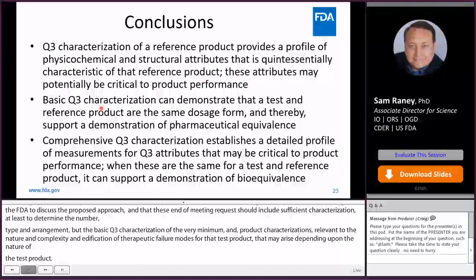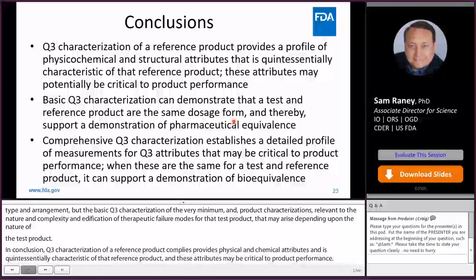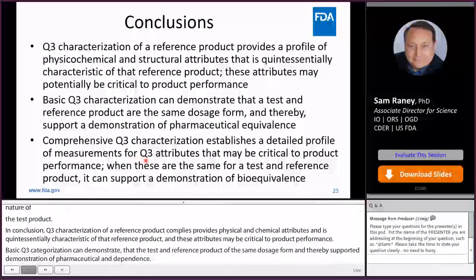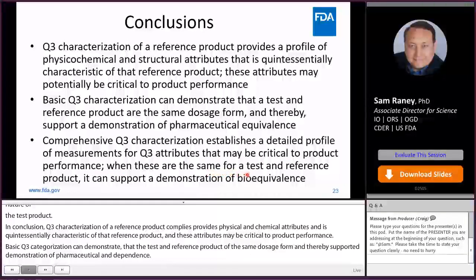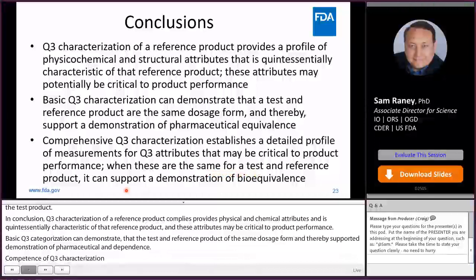Now, basic Q3 characterization can demonstrate that a test and reference product are the same dosage form and thereby support a demonstration of pharmaceutical equivalence. Comprehensive Q3 characterization establishes a detailed profile of measurements for Q3 attributes that may be critical to product performance, and when these are the same for a test and reference product, it can support a demonstration of bioequivalence.